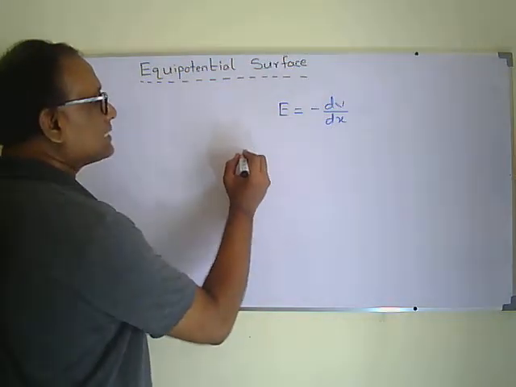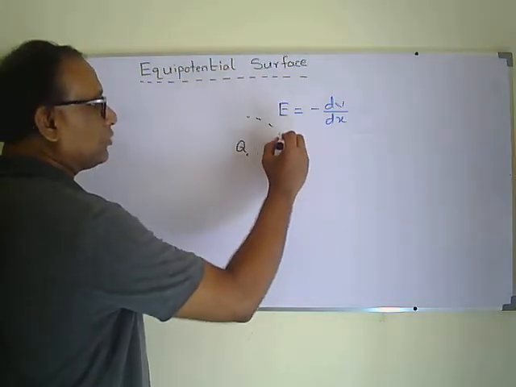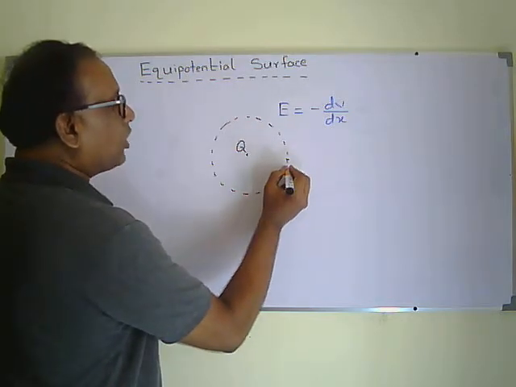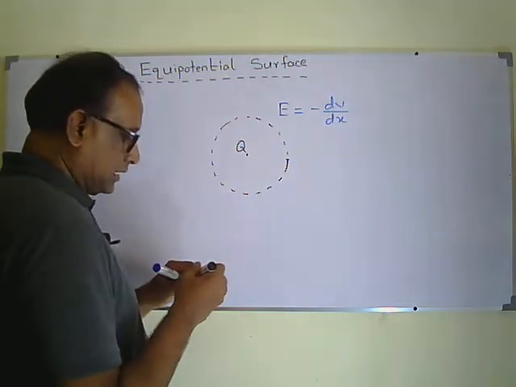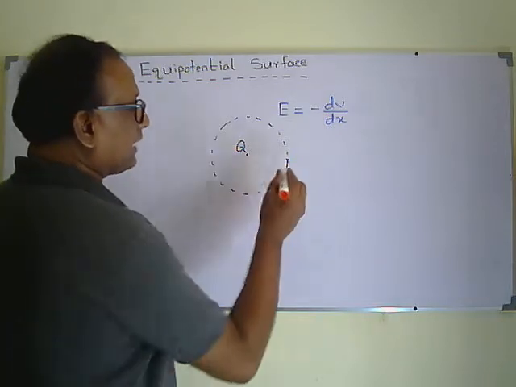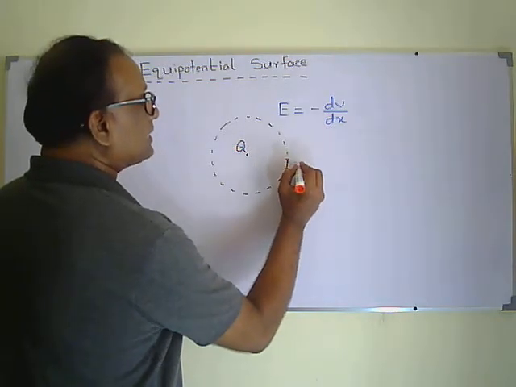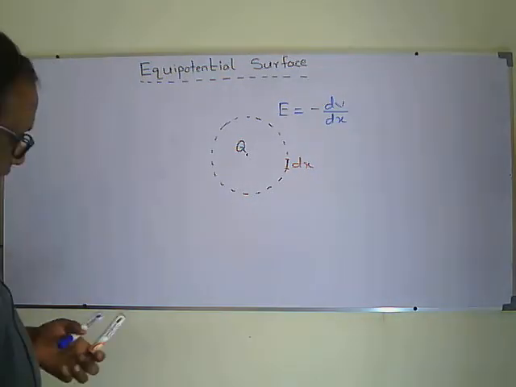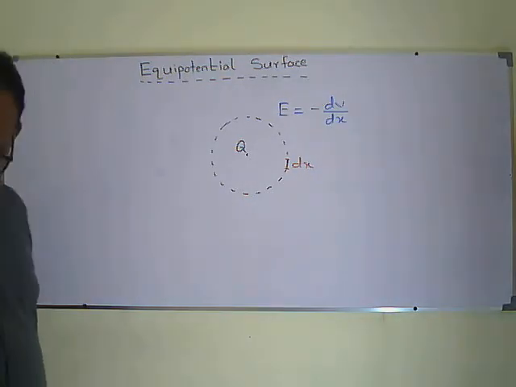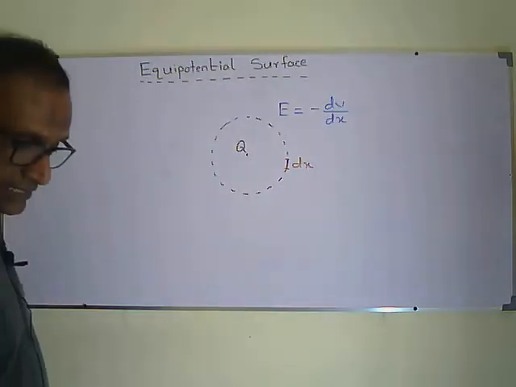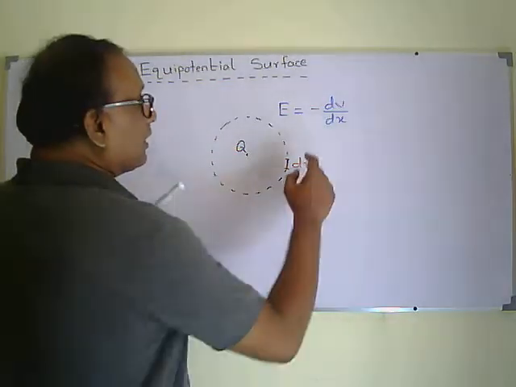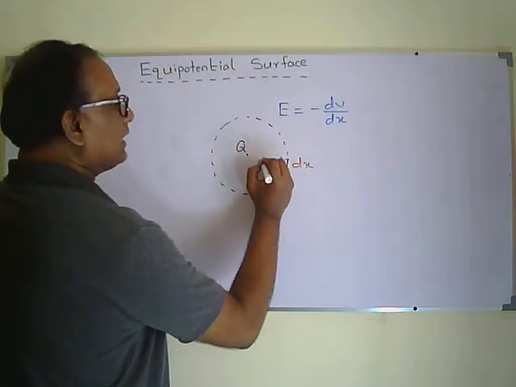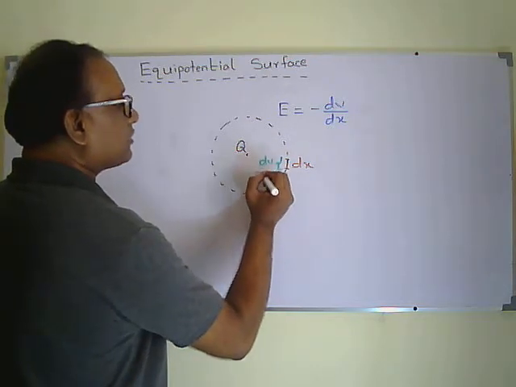Say for example, this is the charge. It creates an equipotential surface around it. Consider a small portion of this equipotential surface, delta x. On that delta x, on the equipotential surface, dV, that is the difference in potential, must be equal to 0.